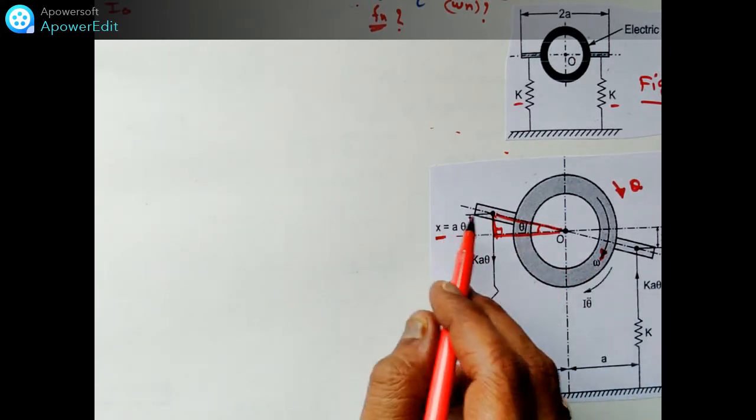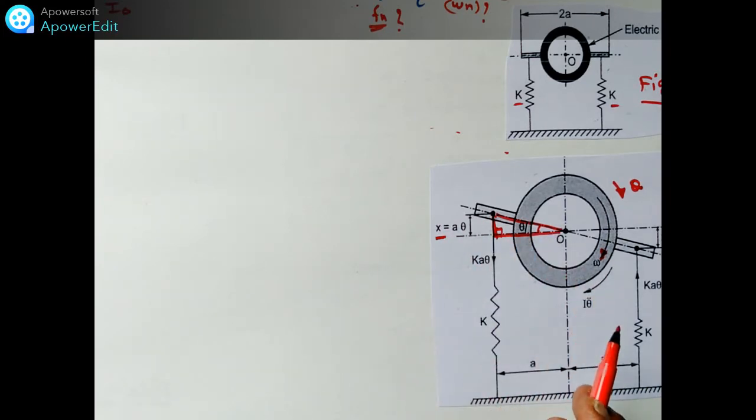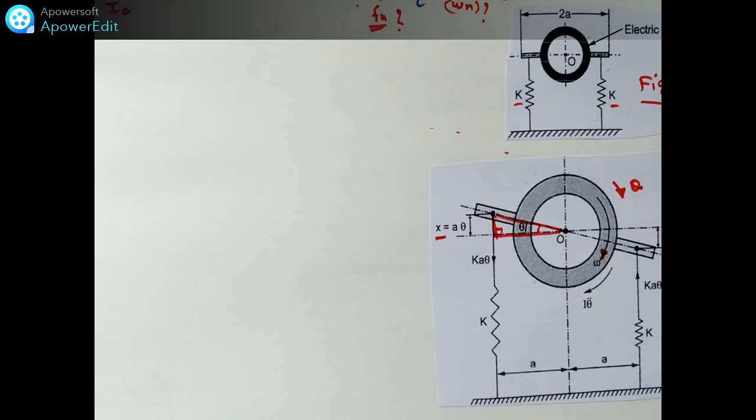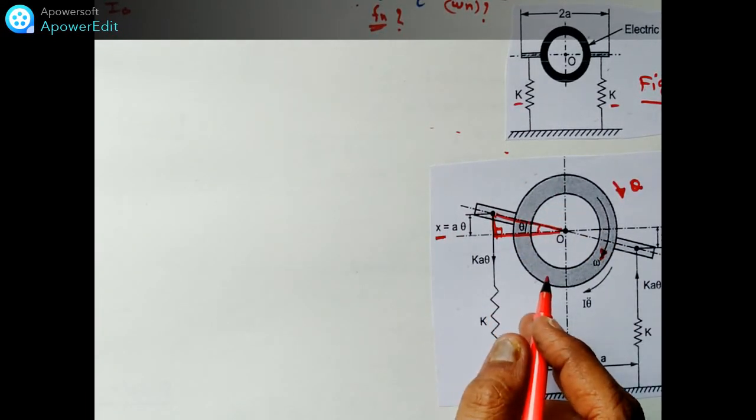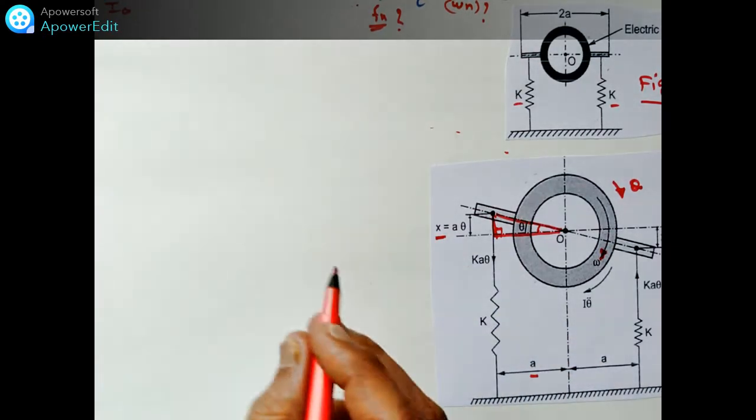A is the distance from the center to where the spring is connected. This is the center of this electric motor. Friend, here I0 and all the values are given to you.